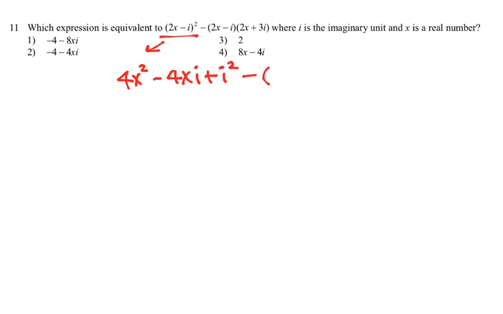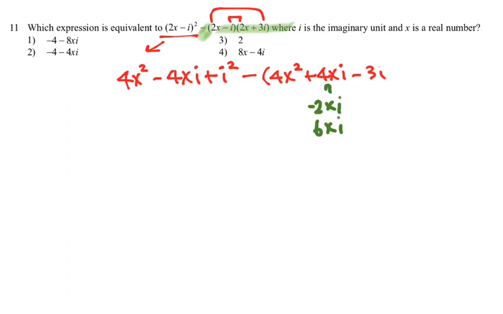Now, keeping the negative sign over here, let's expand the second product. Then we get 4x squared, and inner and outer we get 4xi, because inner is what? 2xi, or rather negative 2xi, outer becomes 6xi.